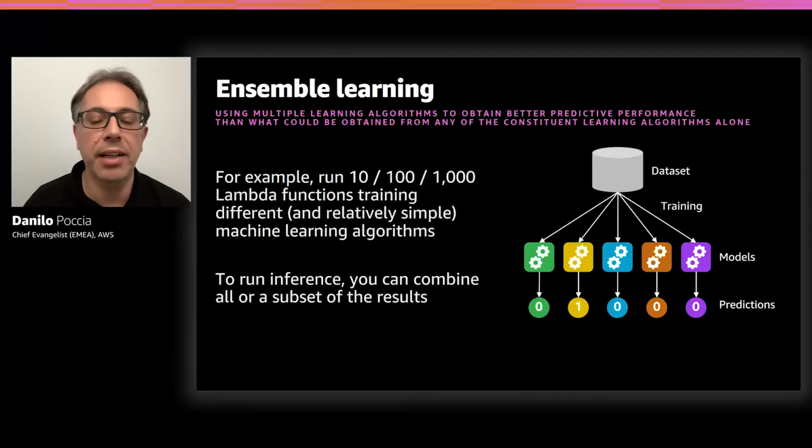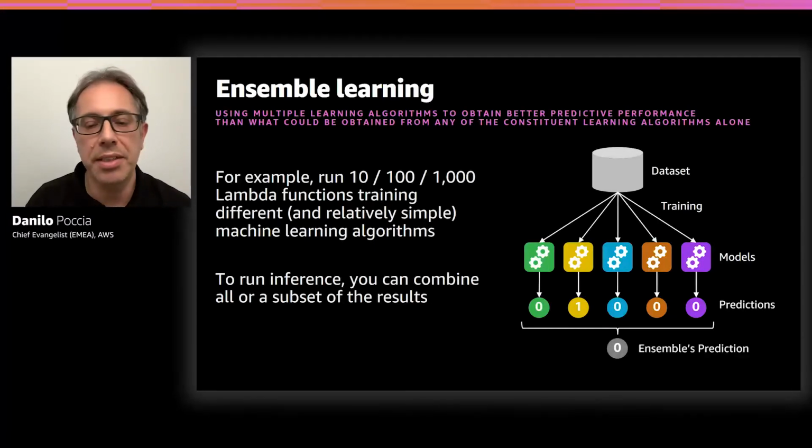You should define a way to build the ensemble prediction. So in case of a finite number of results, you can, for example, set up a majority model. So in this case, you can say the majority is the 0, so the result is the 0, or you can use more advanced techniques. You can take the mean, and the result in this case would be 0.2. That brings more meaning forward.